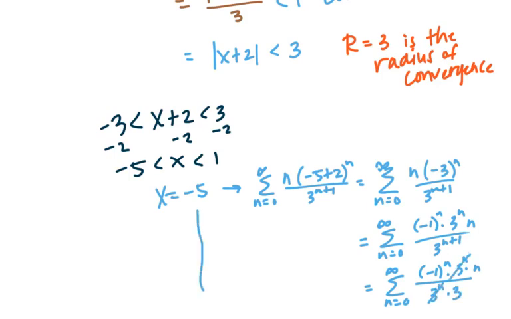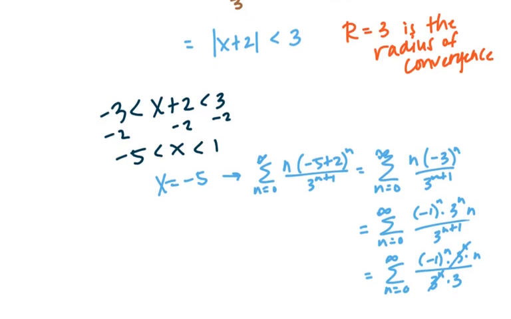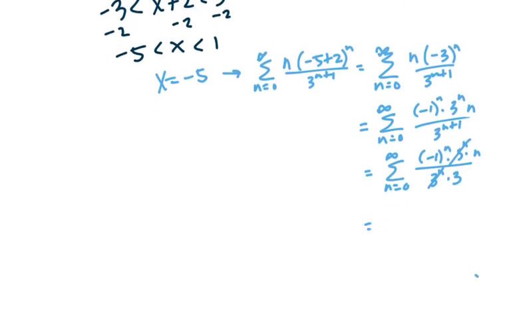So now we have the series n equals 0 to infinity of negative 1 to the n times n over 3. Well, that's just a constant. So we have the sum n equals 0 to infinity of negative 1 to the n power over 3 times n.